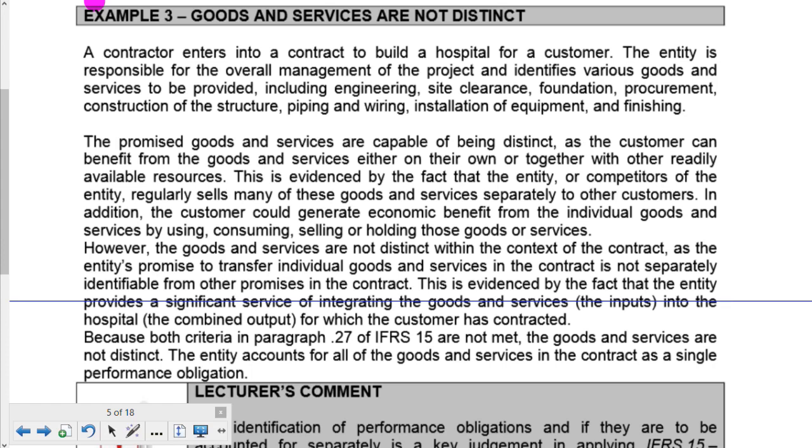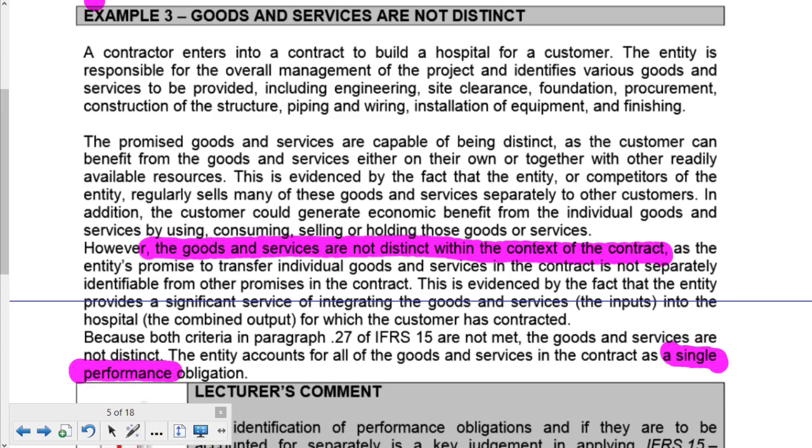What they say is that the goods and services are not distinct within the context of the contract, because the entity is providing it as one thing, isn't it? One whole contract. So because of this, the contract is considered to be a single performance obligation.